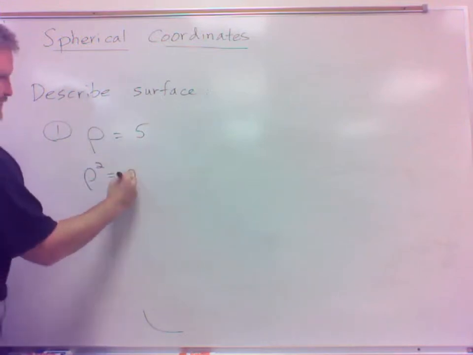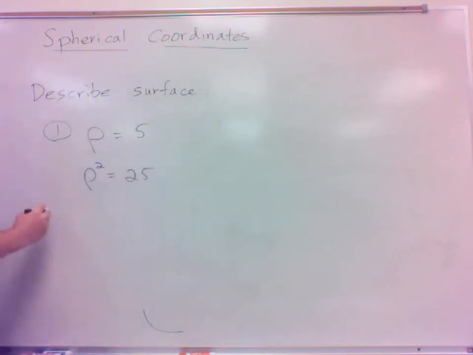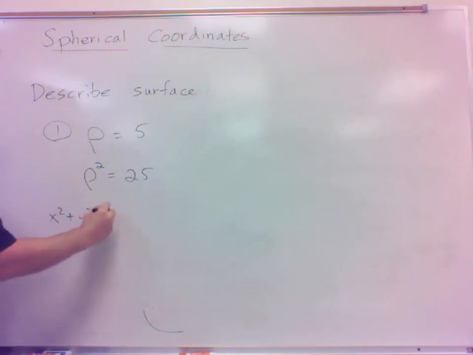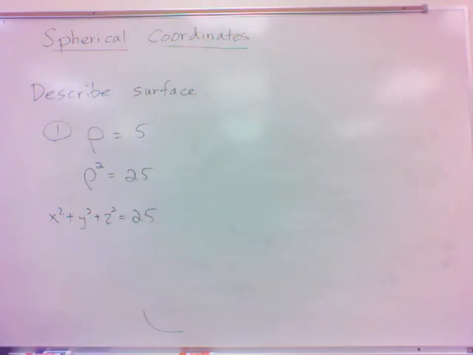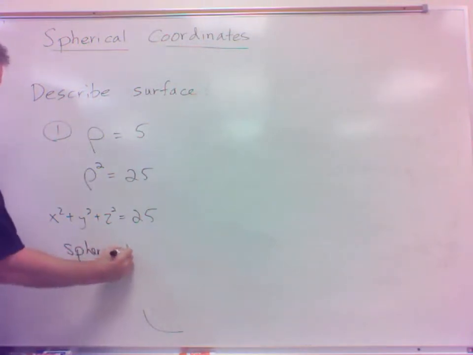We have rho squared equals 25, and rho squared equals x squared plus y squared plus z squared. The equation rho equals 5 is synonymous with x squared plus y squared plus z squared equals 25, which we know happens to be a sphere of radius 5, centered at the origin.